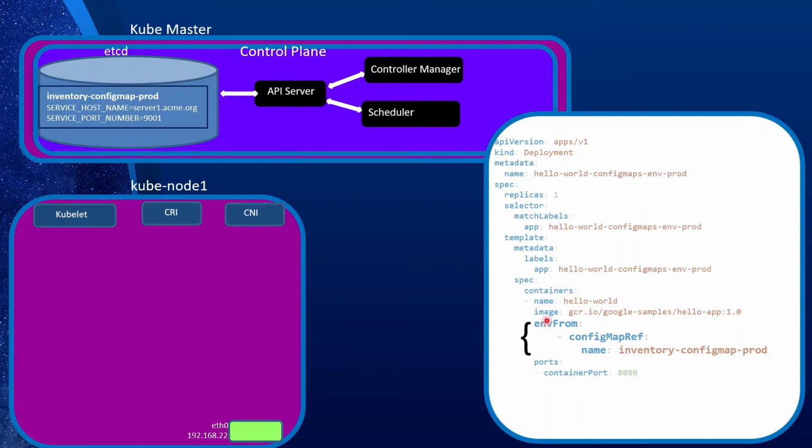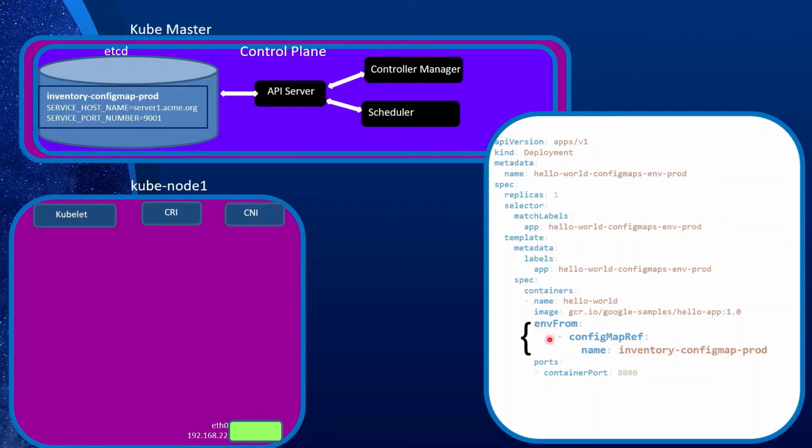Under spec containers, we define envFrom, which means read these values as environment variables, and then we specify the name of the config map.